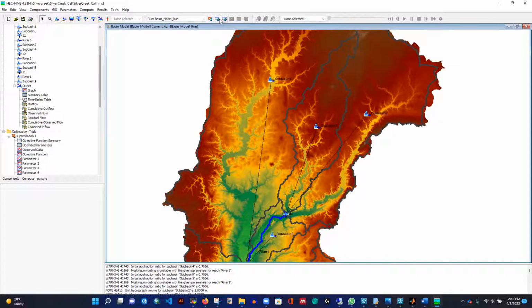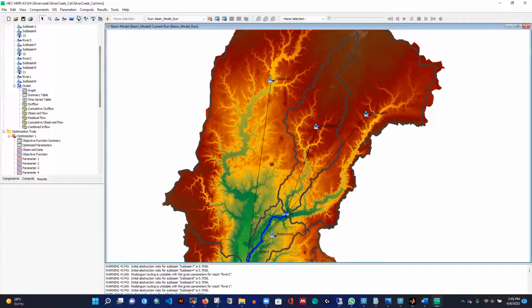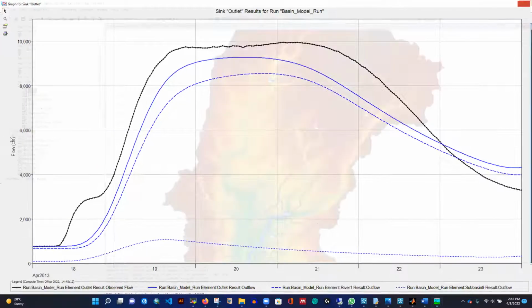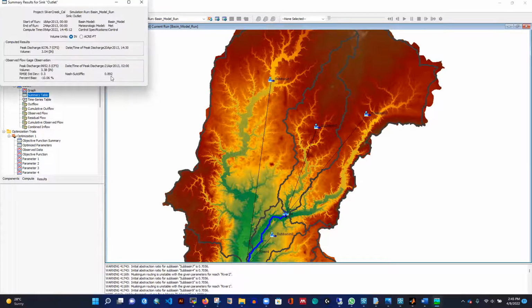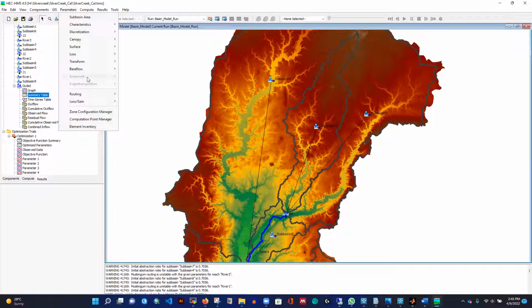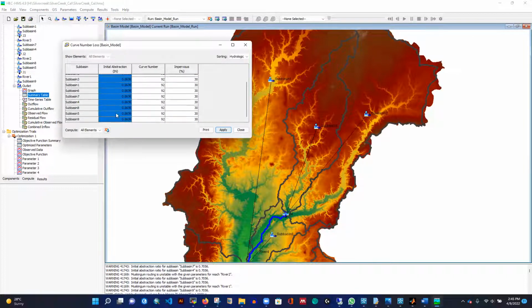We can reduce the gap between these two. There will be lower loss. Maybe we can get closer. Okay, yeah, it's even closer to that one. So you can see 89. That means the performance is increasing. Okay, so we can play with that parameter. We can play with this one first.